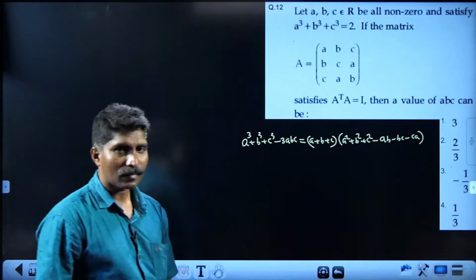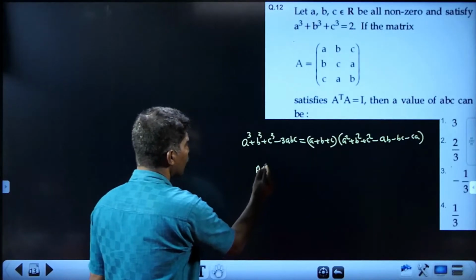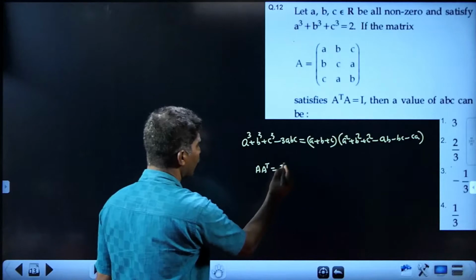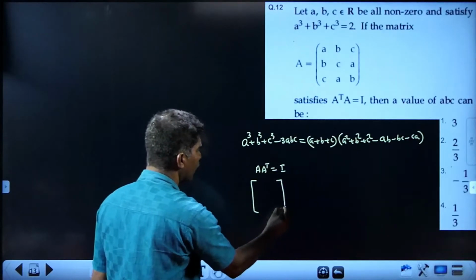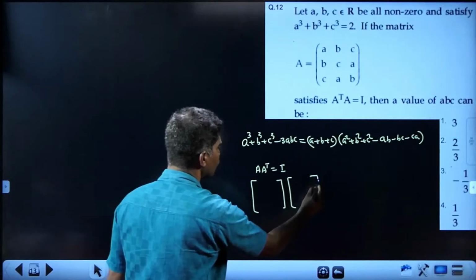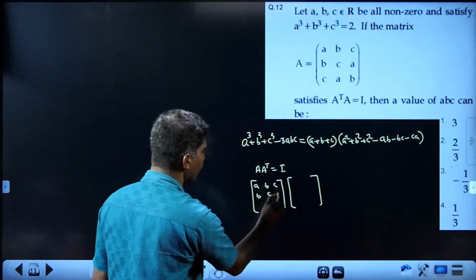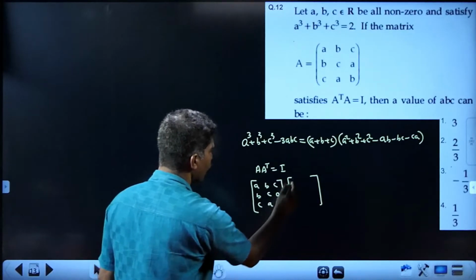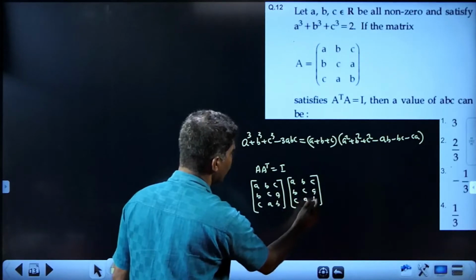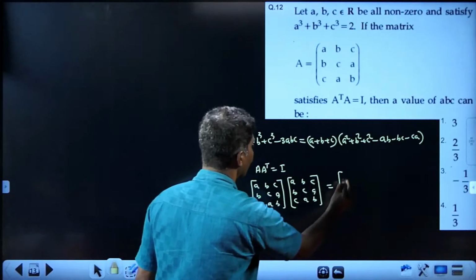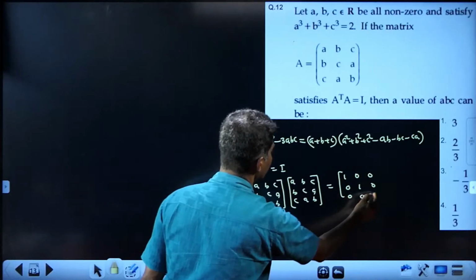Now see, it is given that A into A transpose is equal to the identity. If you multiply A by its transpose, you get the rows (a, b, c), (b, c, a), (c, a, b) times their transpose, equal to 1 0 0, 0 1 0, 0 0 1.